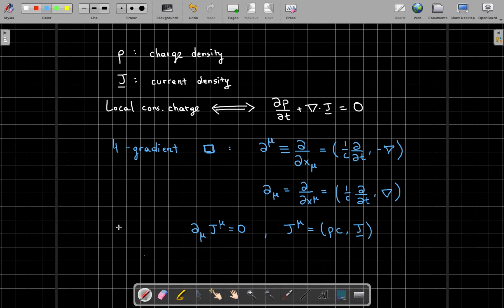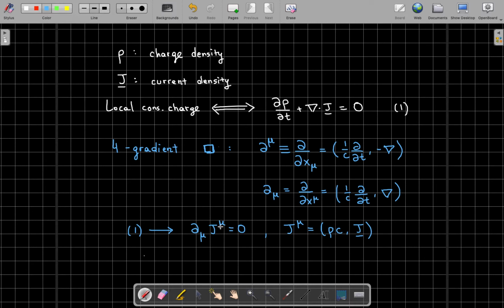Okay, so the continuity equation, I'll label this as 1. We're going to have a lot of important equations. Equation 1 in relativistic terms becomes this.